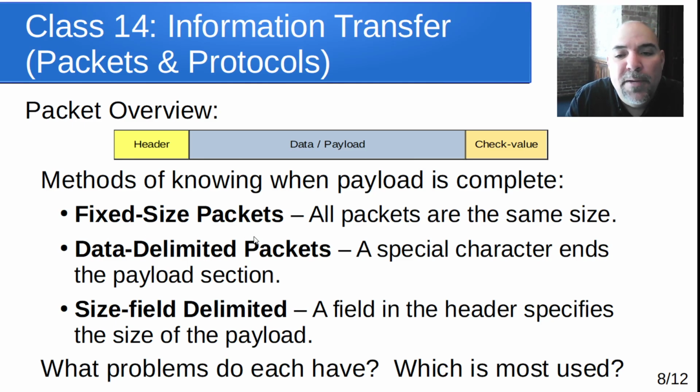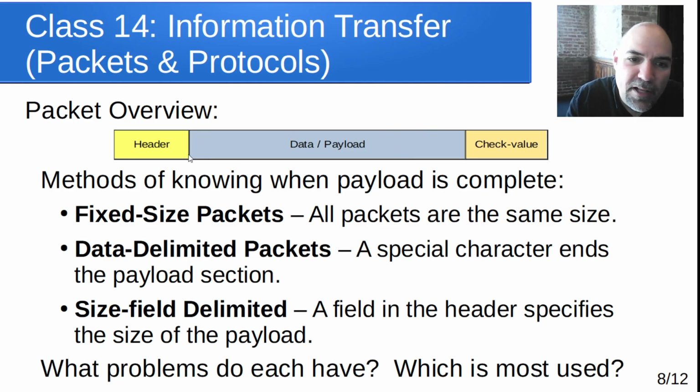One of them is fixed size packets. In other words, every packet is the same size. So for example, you might say the overall packet size is always 128 bytes or always 32 bytes. It's fixed. There are also what are called data delimited packets, where there's a special character that ends the payload section.